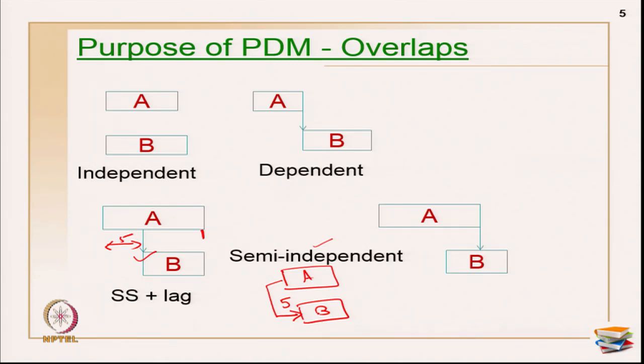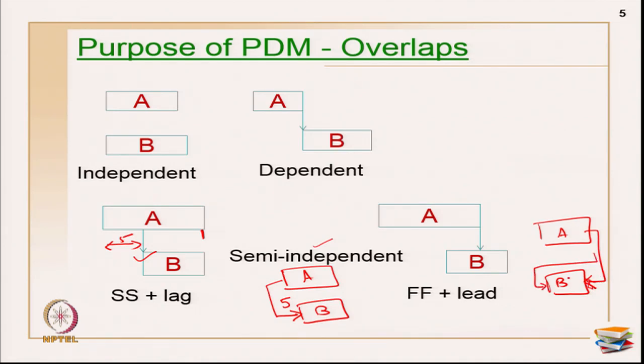The same thing I can show here, by using a finish relationship plus lead values. I have an activity A and this is my activity B, and here I can use a finish start relationship and put a lag, so this can be finish start plus lag. With a lag, I can explain how much of A has to be executed before B can start.